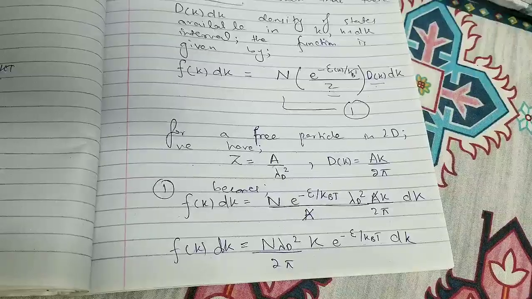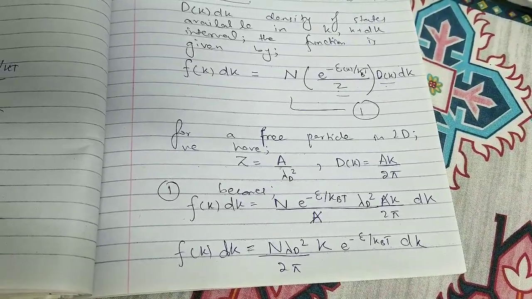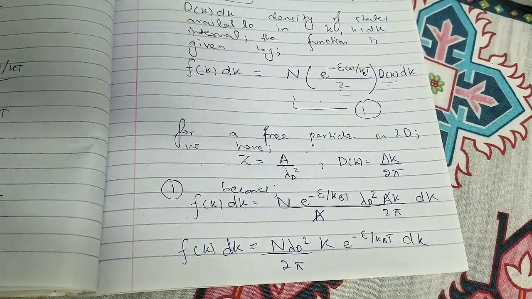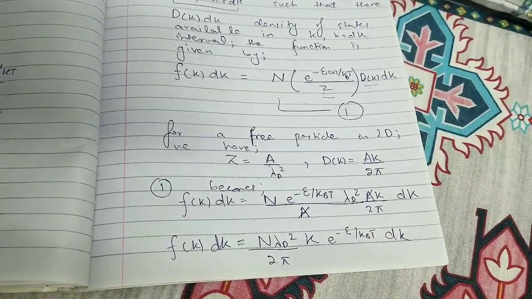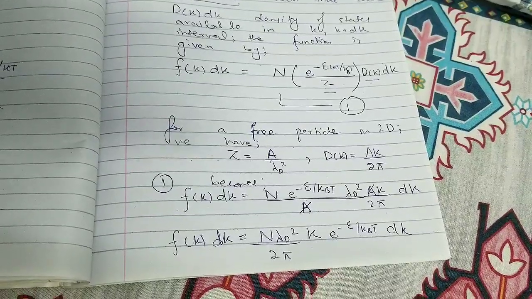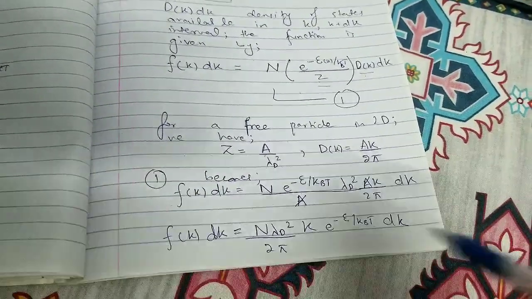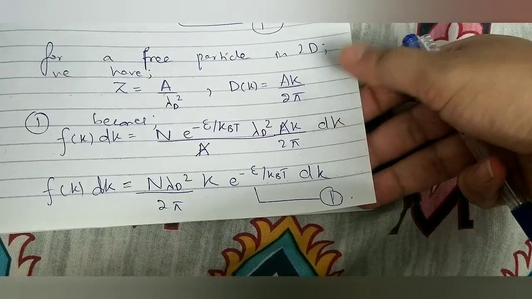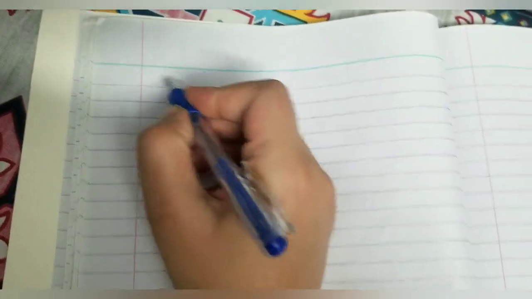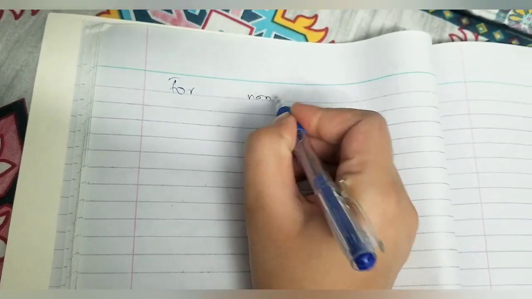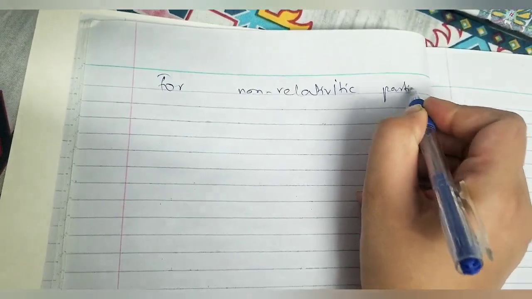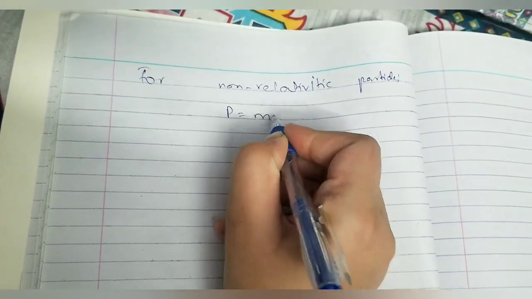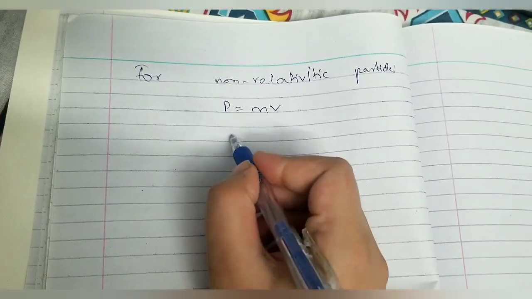Now let us convert it into velocity terms, because we want to find the average speed, so we should know how this formula looks in velocity terms. This is the Maxwell-Boltzmann distribution function for a 2D case. Now let's convert it into velocity space. For a non-relativistic particle, we have p equals mv, simply, as we know about momentum.